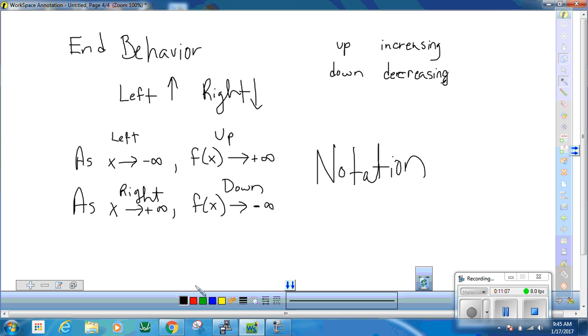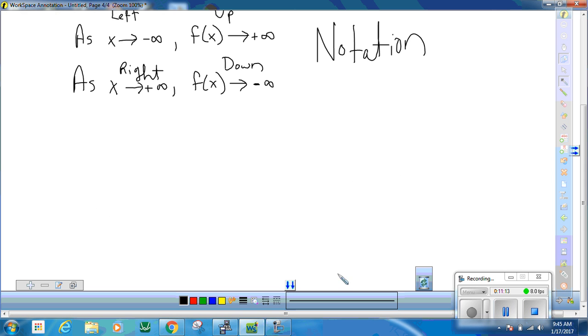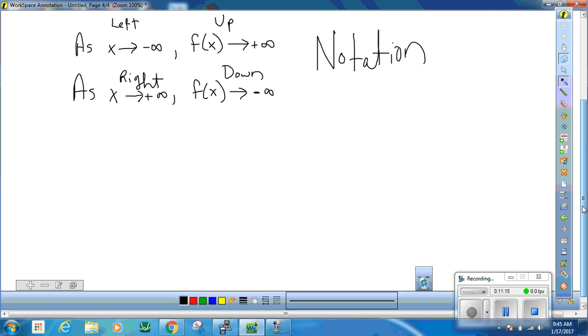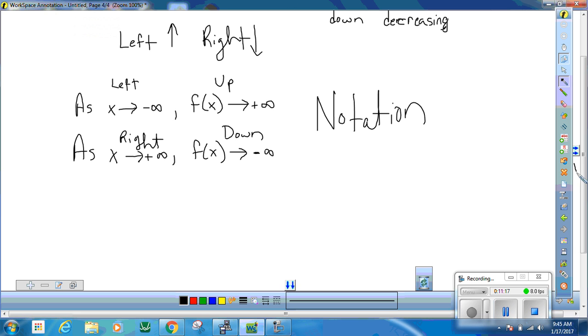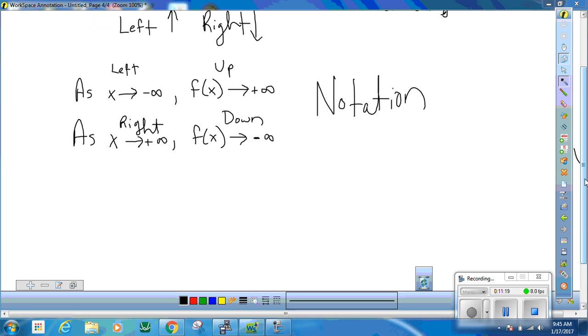But how do I just look at the equation and know what the end behavior is doing? And so that's what we want to talk about next. So if I want to know what is the end behavior of a graph doing, I do need to look at the equation, and there are two things I need from the equation. I need the degree and the leading coefficient.